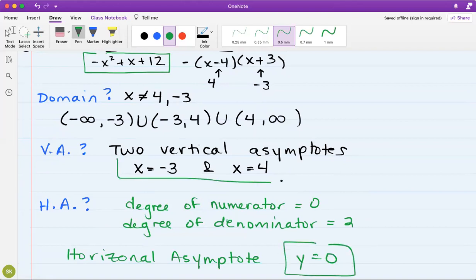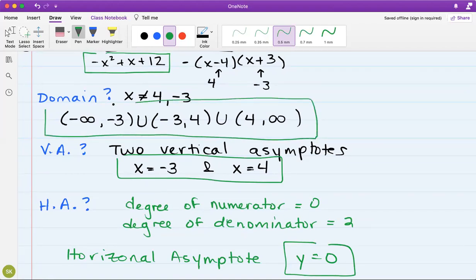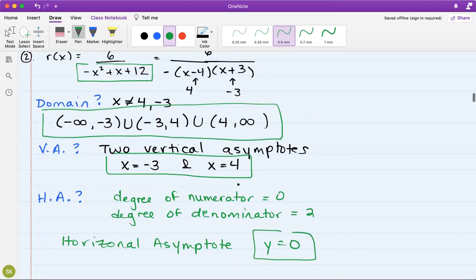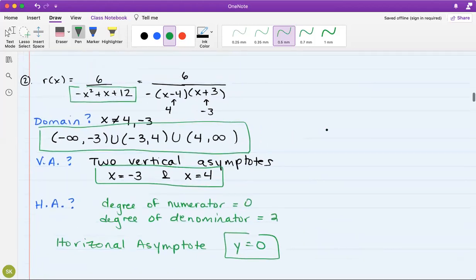So all of this is important information. It's going to tell us a lot about the graph. Eventually, we're going to use it to graph the function, and we're going to just start breaking this up so we can have an idea of what to expect with this function. So I'm trying to zoom out a little bit. Over here on the side, I am going to make a plane. And I'm going to put these pieces of information out.